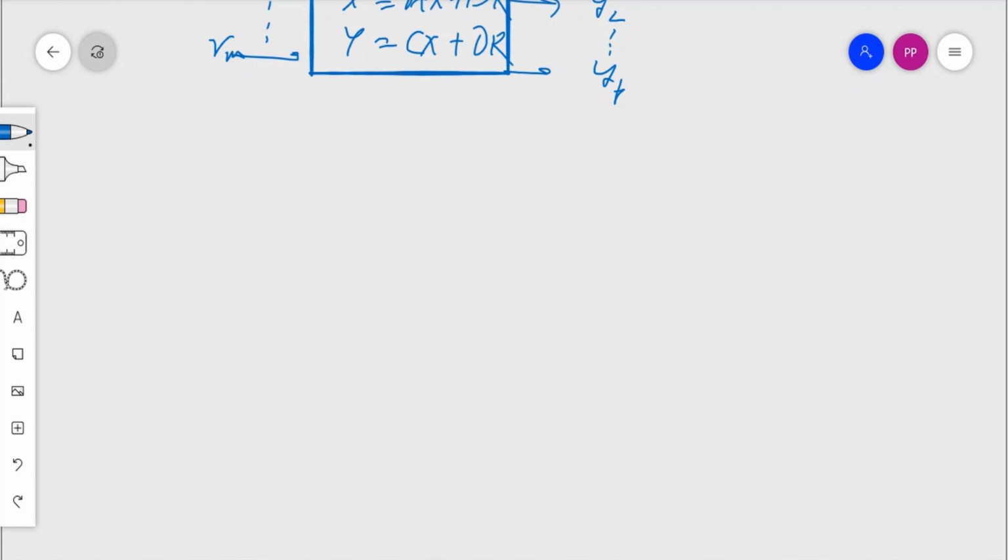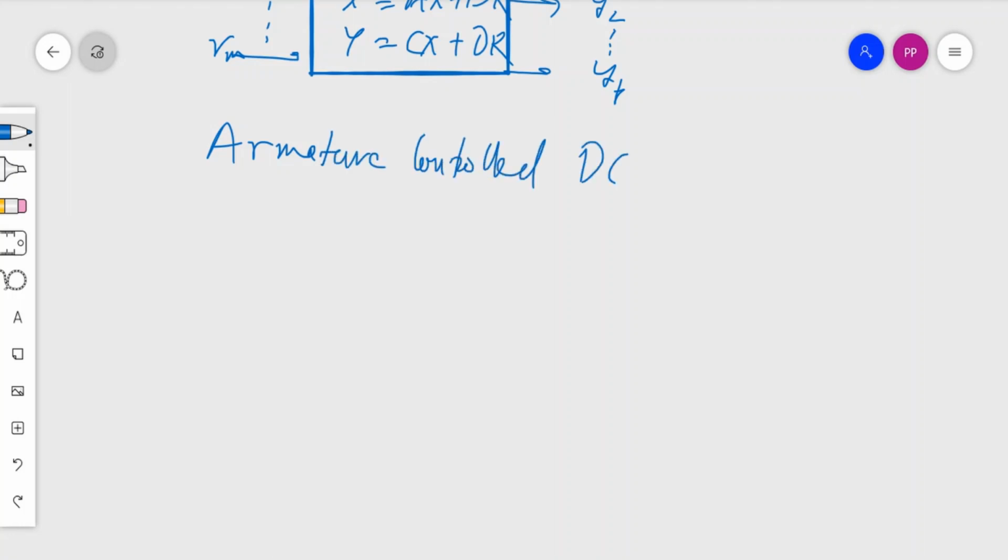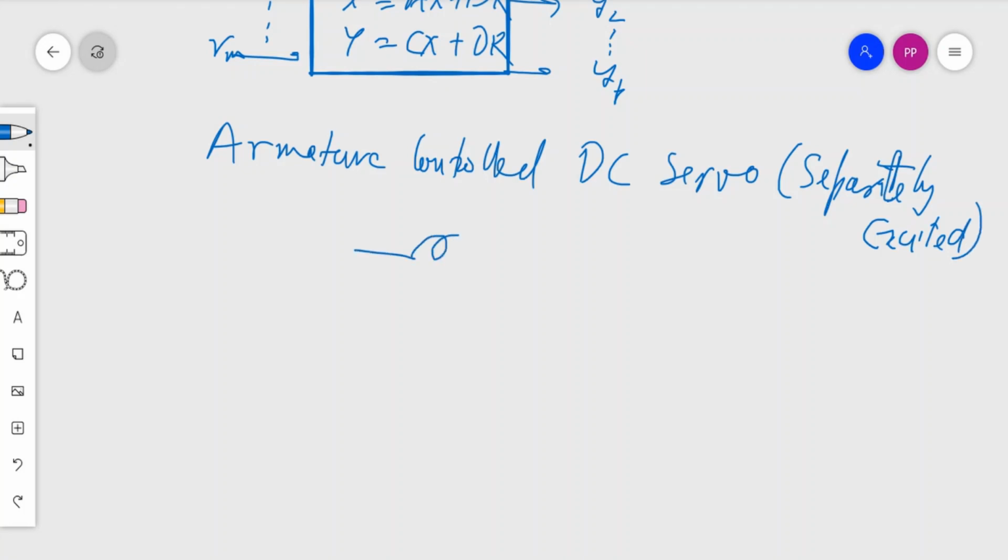I will draw an armature controlled DC servo which is separately excited. So let me draw the armature controlled DC servo, separately excited. So what you can do, RA, LA.